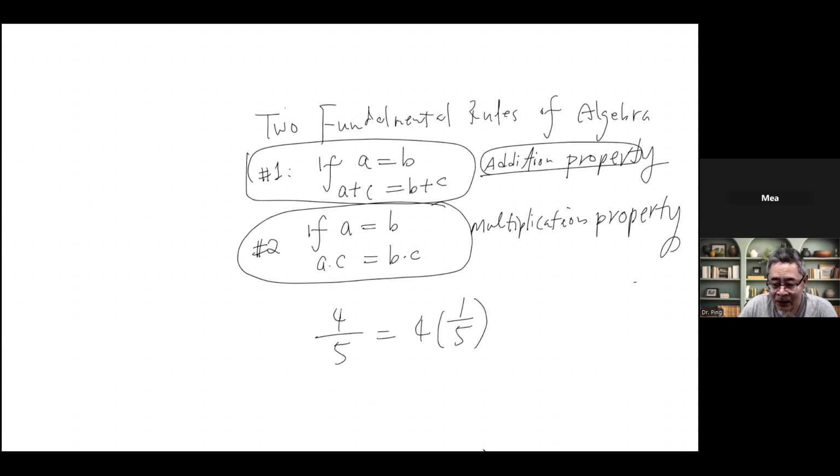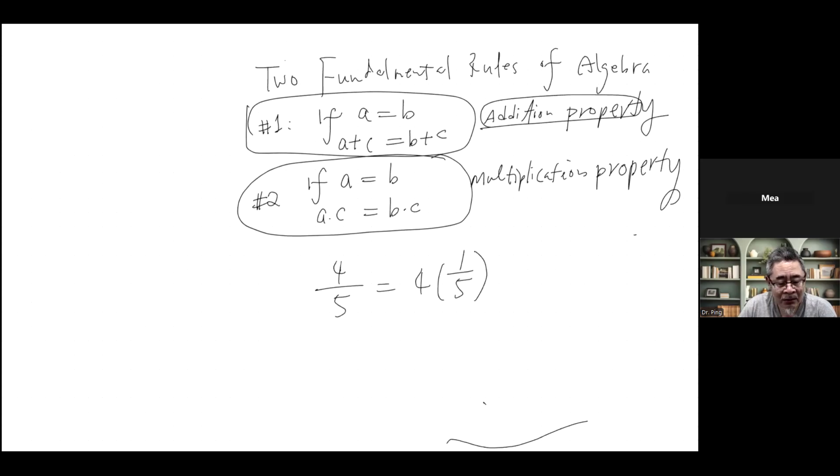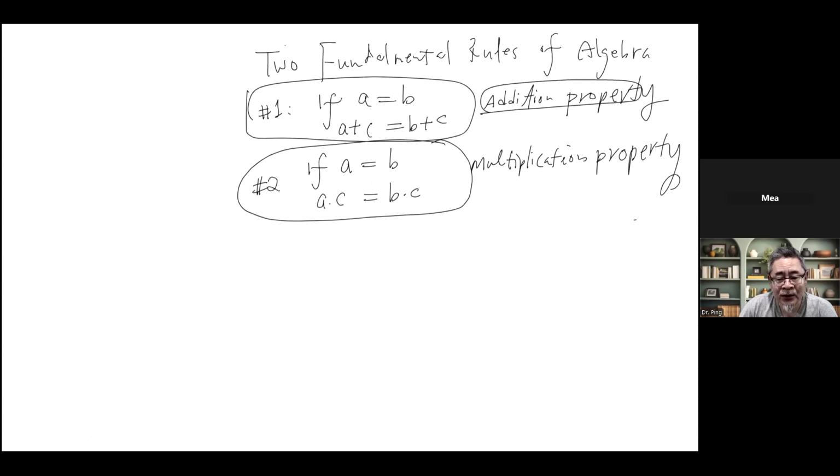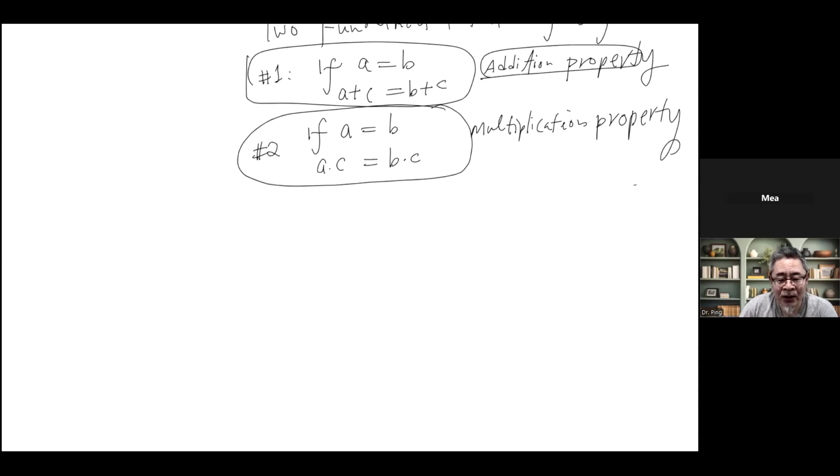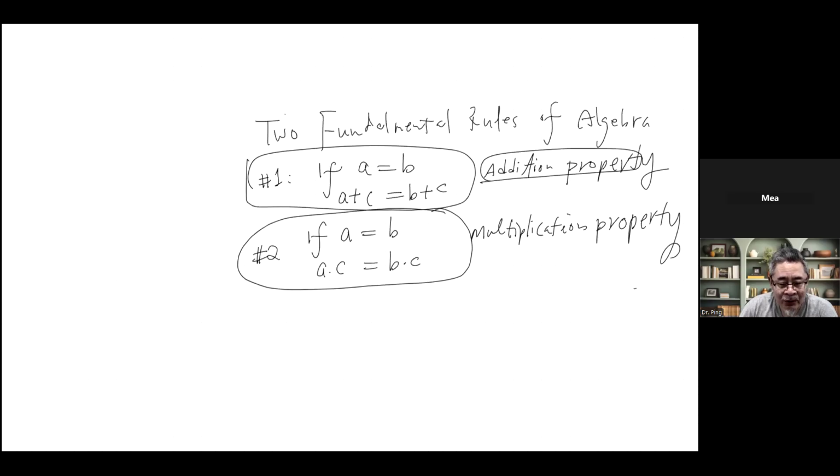Okay, so now at this point we say, well, we know we can add the same thing on both sides. We can multiply the same thing on both sides. Well, that works for any number. So, what number should we add? What number should we multiply? So that actually gets into something about the properties of addition and multiplication, and also with numbers.